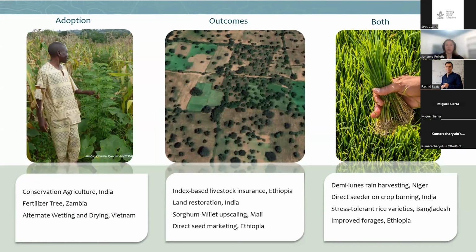So in terms of the 11 case studies, some are measuring adoption, others are measuring outcomes, and others are measuring both. All these studies were funded by SPIA because of the high quality of their methodology. They usually look at one innovation and, in most cases, in one country.